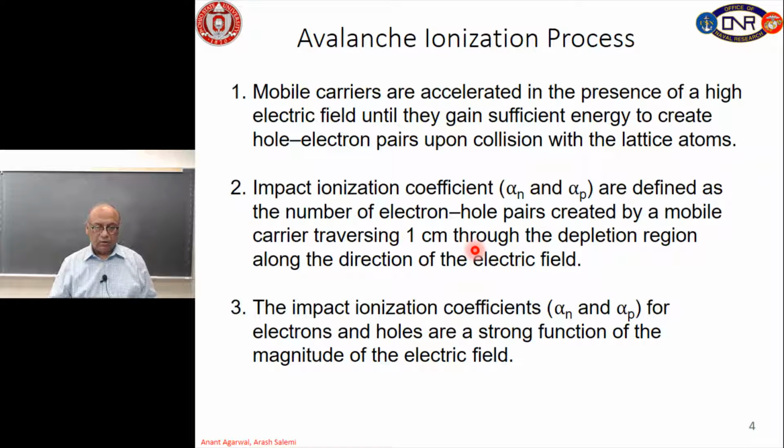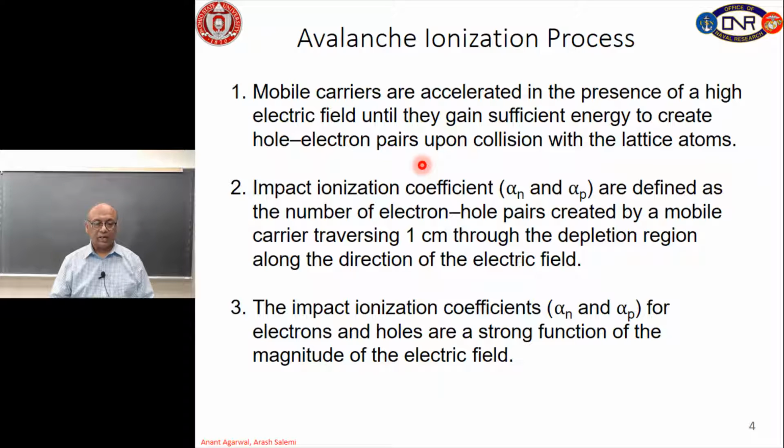So, to summarize what I said, mobile carriers are accelerated in the presence of high electric field until they gain enough energy to create electron hole pairs upon collision with the lattice atoms, and this is called impact ionization.